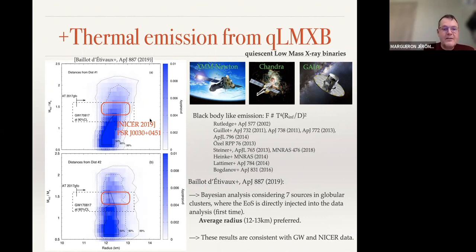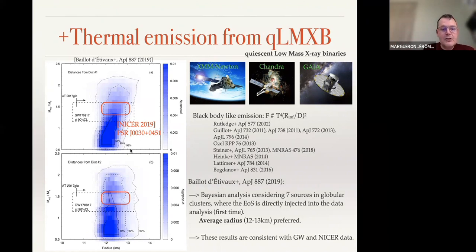As you can see from these Bayesian contours showing mass as a function of radius, there is a preference for radii which are close to 12 to 13 kilometers.